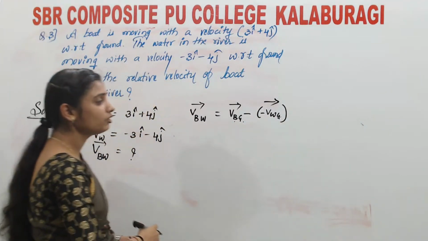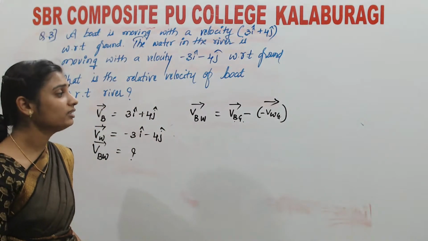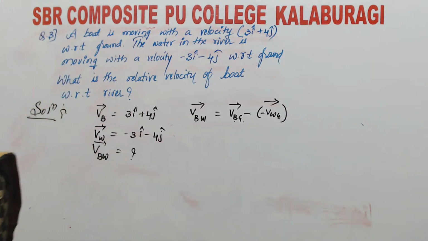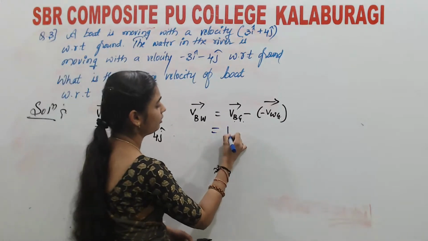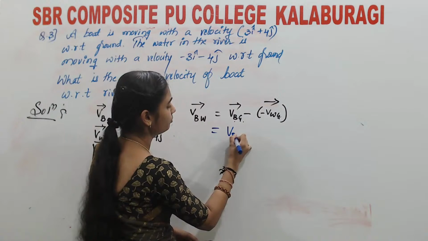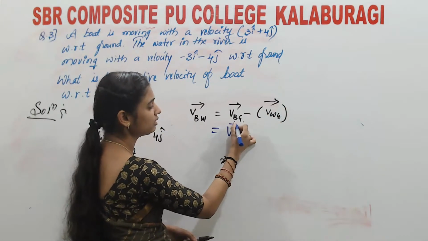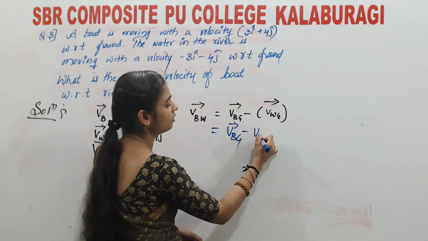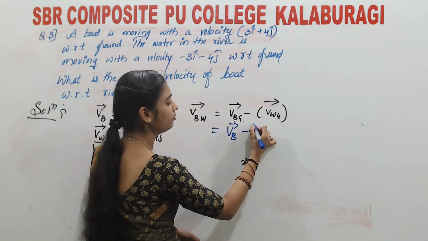Velocity of boat minus velocity of water is nothing but VB minus VW.